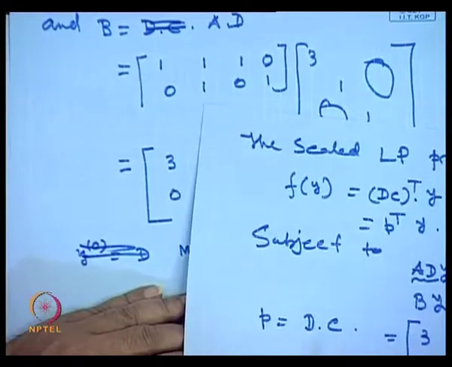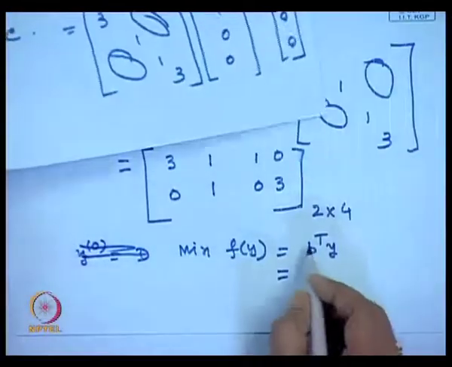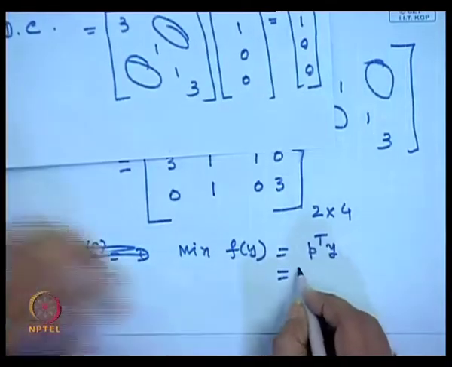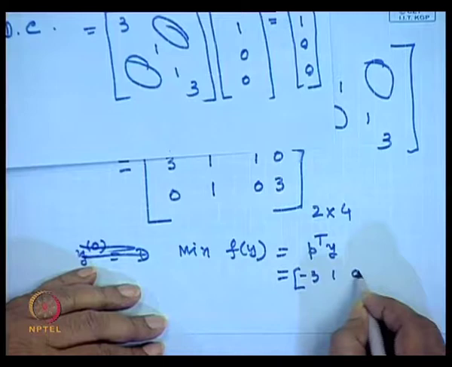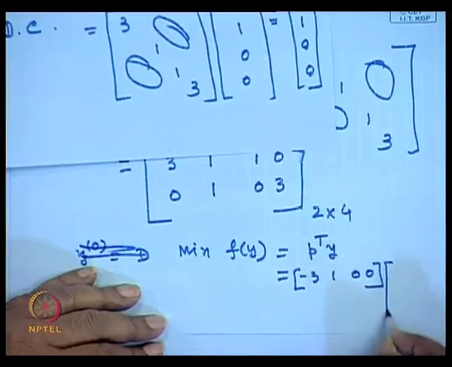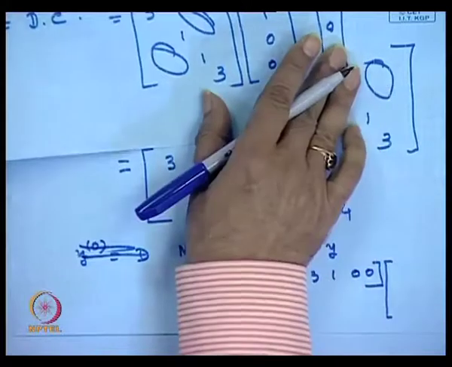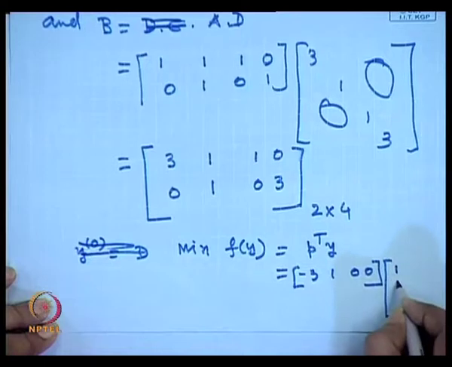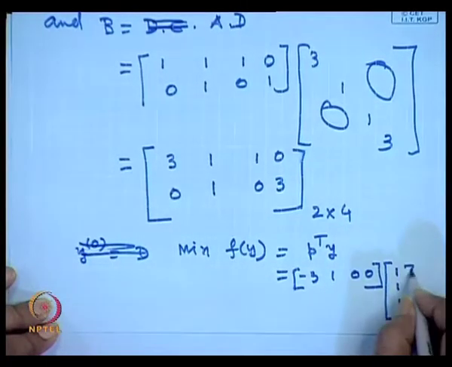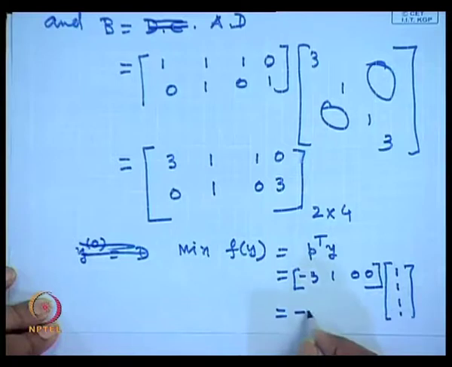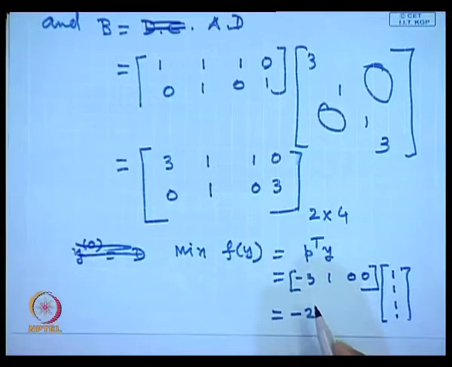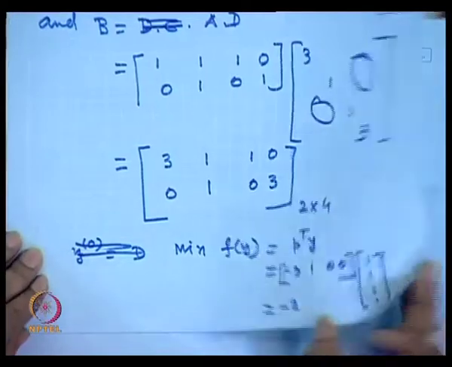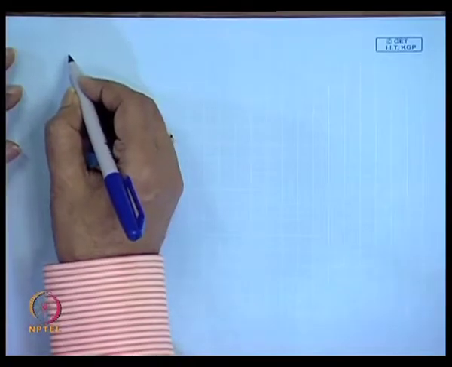The value of P we just calculated is minus 3 1 0 0, and y of 0 is 1 1 1 1. So, we see this value is minus 2, the same as our original problem. So, once you check the original value, now what is our directional vector?